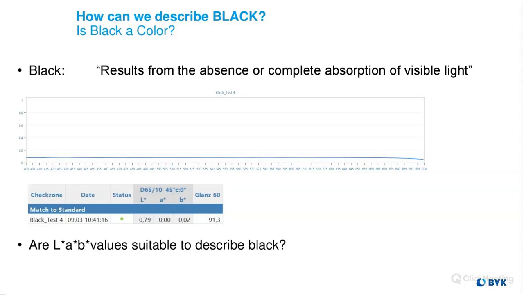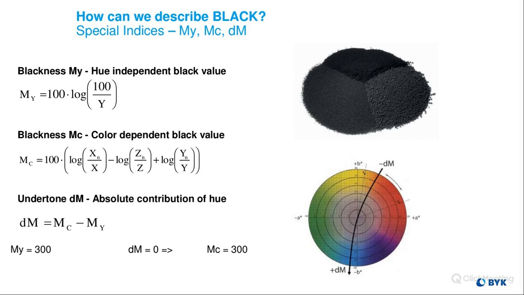To do that, we introduced new indices that include MY, MC, and DM to describe these deep black colors. We have the MY, the hue independent black value. So it's the black value basically describing how dark that black is. Then we have MC, which is the color dependent black value. That's giving you what that undertone is on that black value.